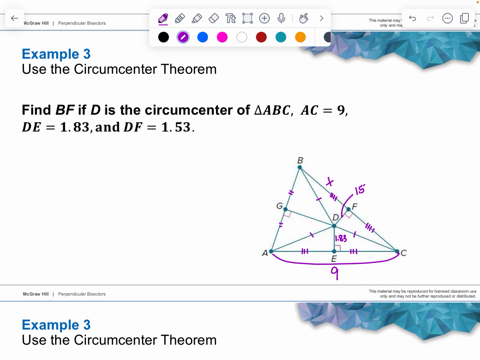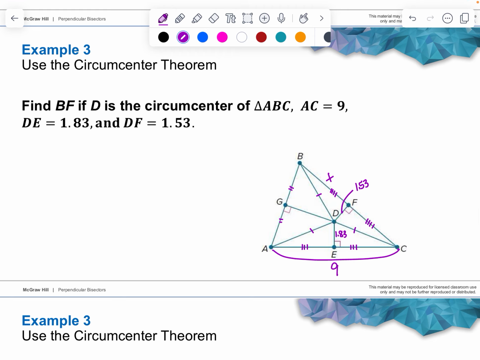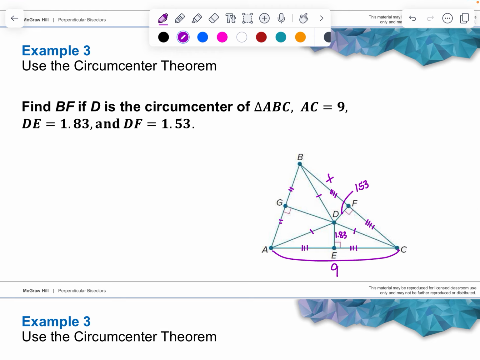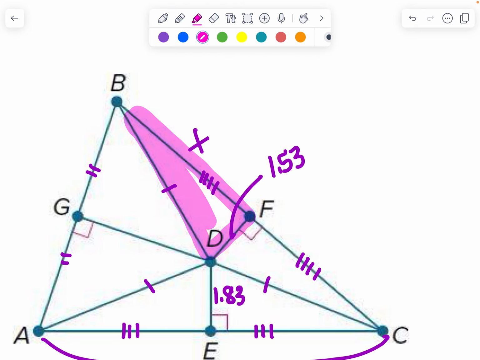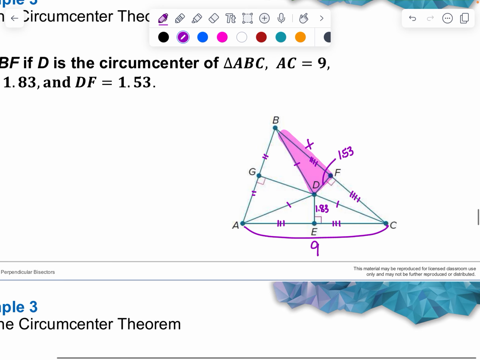Okay. So we need to find BF. And the question we have to ask ourselves is, how would we find BF? Well, BF is part of this triangle right there. So if I look at that triangle, I'm going to draw it out here.